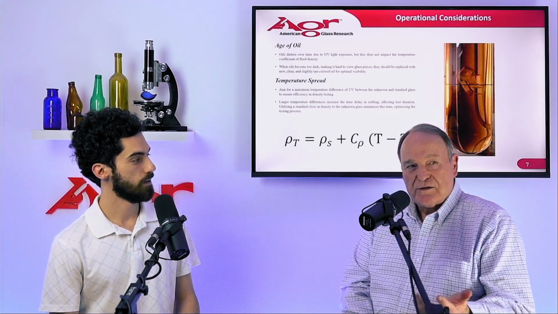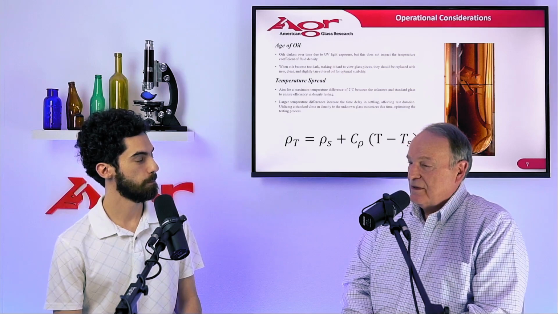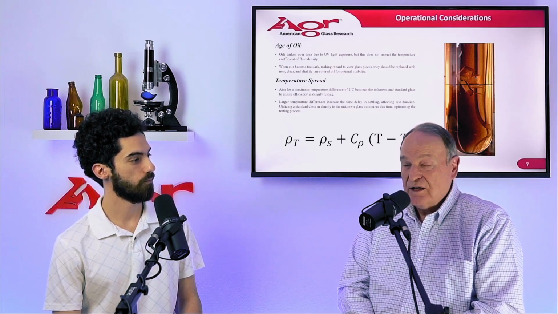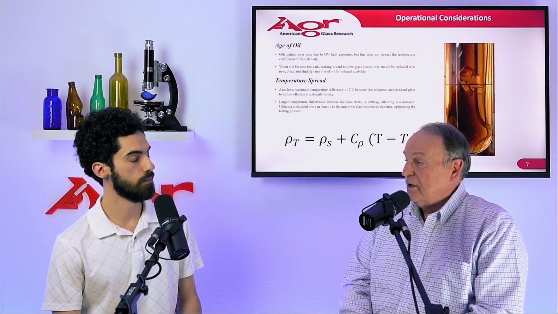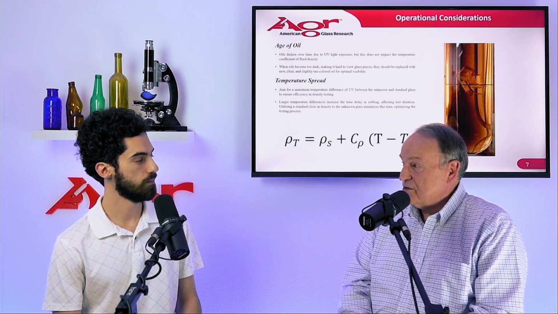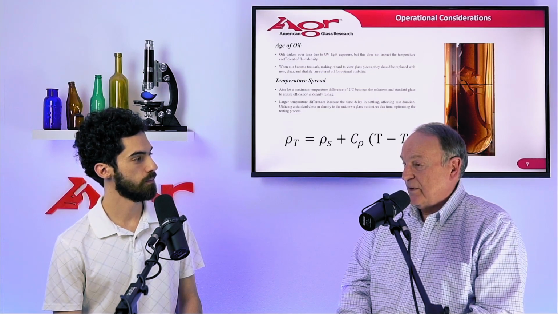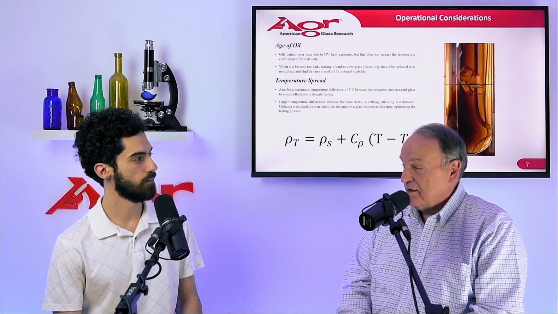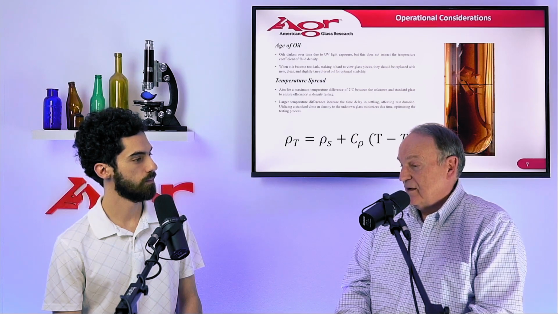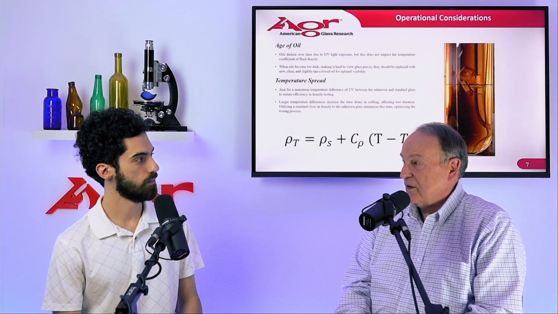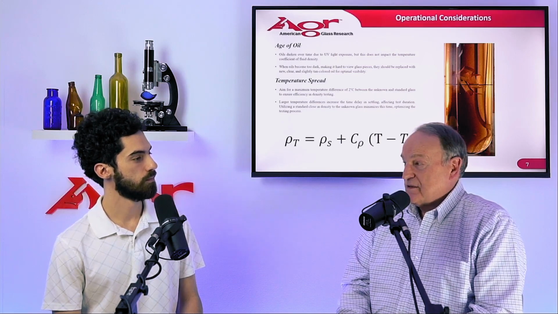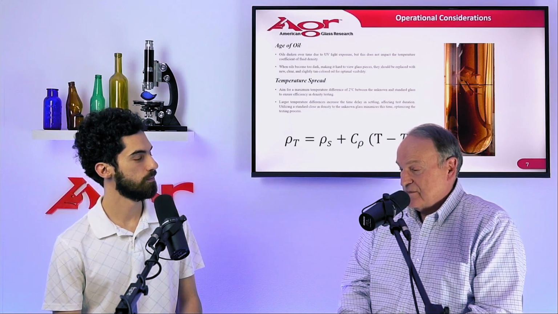Yes. And it goes back to that very simple equation. The coefficient of density change is a very well-known number for a mixture of these oils that cover a range of densities that are broad enough to cover borosilicate up to some of the more heavy soda lime compositions. That's a very well-known number. It's in the ASTM standard.